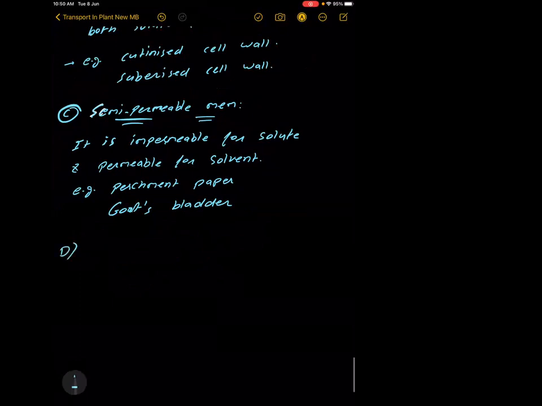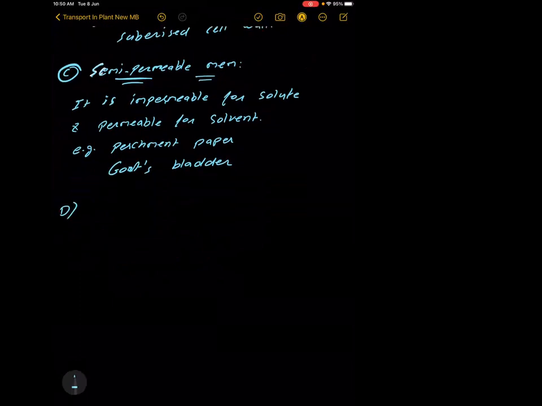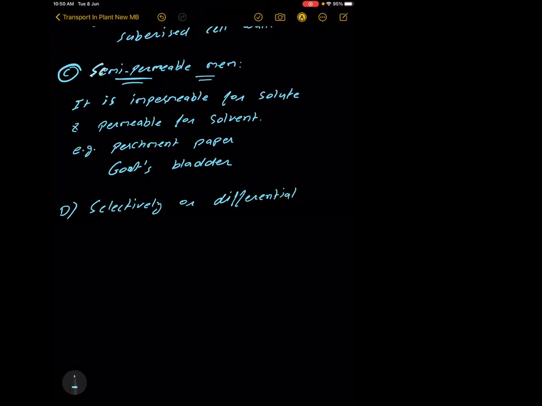Then the last one is selectively permeable, sometimes called differential permeable. It depends on the size of the solute.